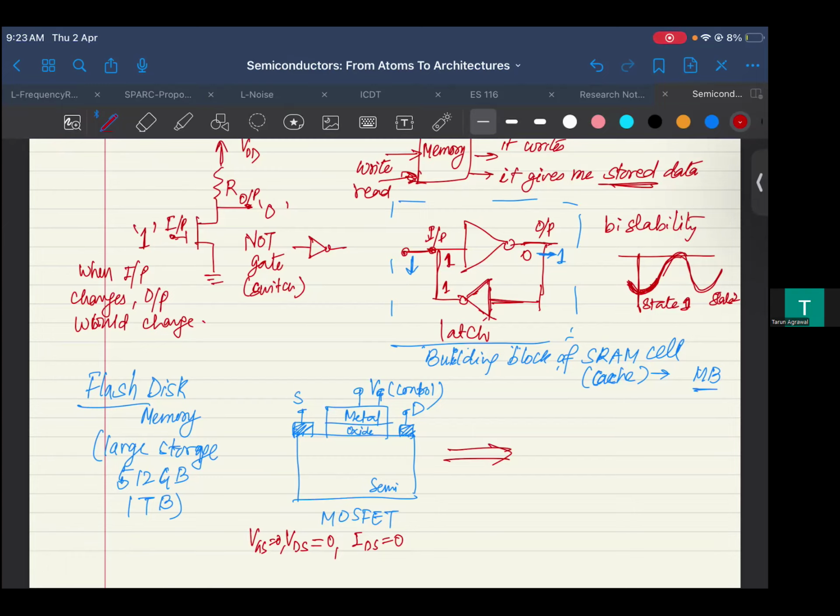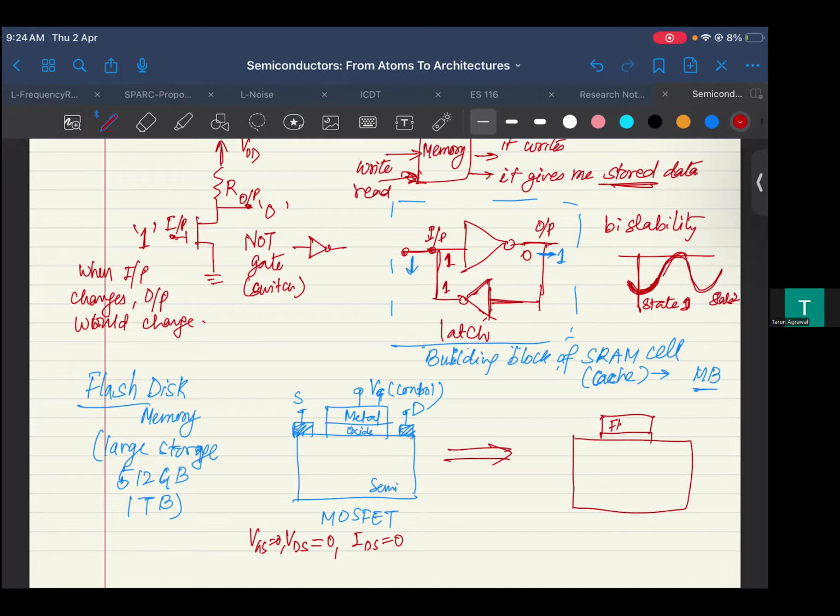So then what can we do if we want to store the state? Is there any way, since the semiconductor will respond to the VG, that I can store it in some other layer? And that is where this whole idea of floating gate comes from.